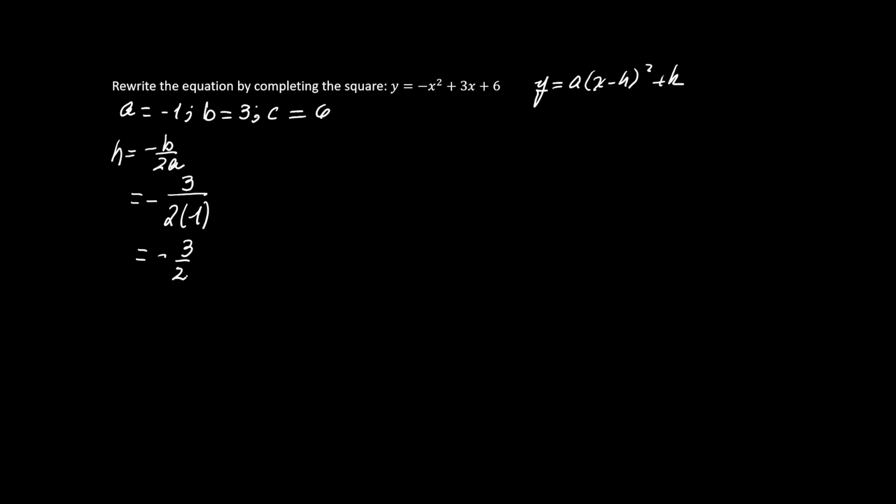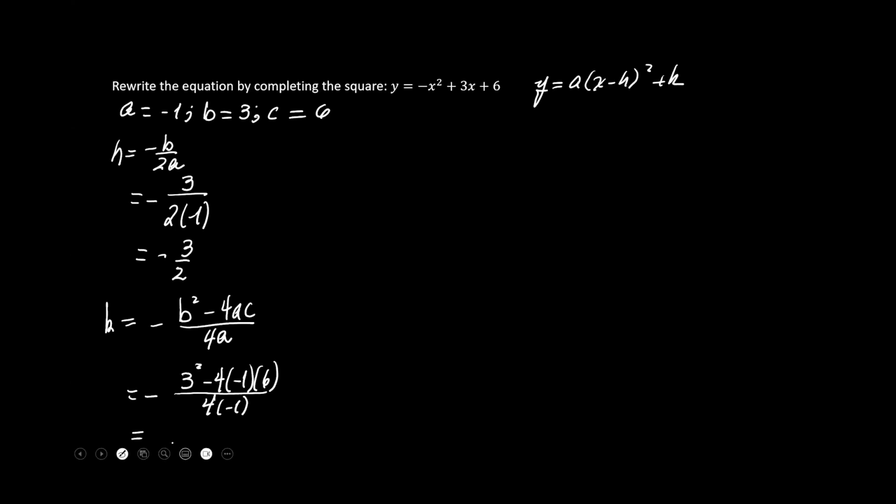Okay? Now k. It doesn't matter which method; let's use both. b squared, b is 3, so that's 3 squared minus 4 times a, which is negative 1, times c, which is 6, over 4 times negative 1. This negative 1 and this negative will cancel, leaving me with a 4 in the denominator.